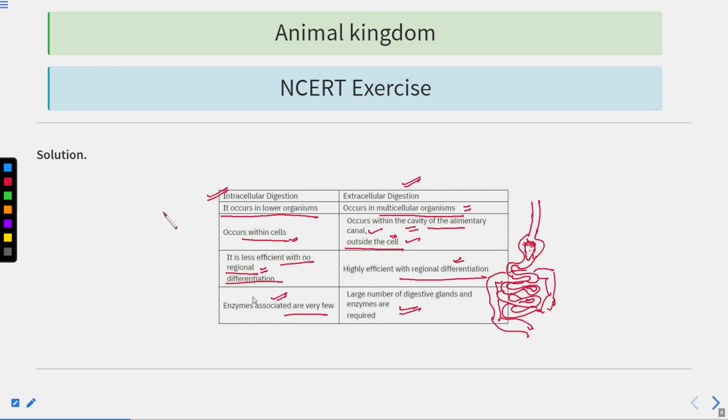So you can see this in the case of, I'm just drawing a rough sketch, Porifera, the pore-bearing organisms. Here you can see these are some of the pores present all over the body surface.